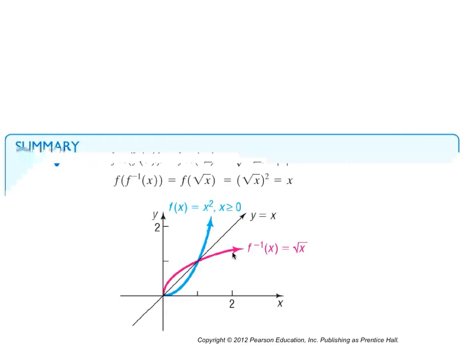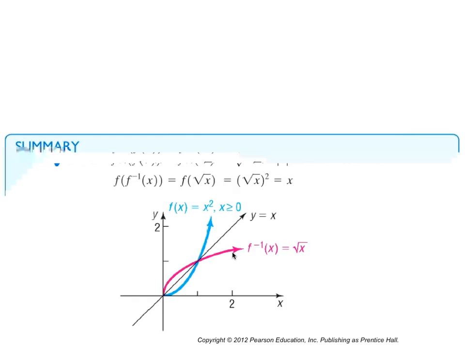So here's a very nice summary. This can be found in your textbook as well. If a function f is 1 to 1, then it has an inverse, which we denote with f^-1 or f inverse. The domain of f is going to be the same as the range of the inverse, and the range of f is going to be the same as the domain of the inverse. So ranges and domains flip-flop.